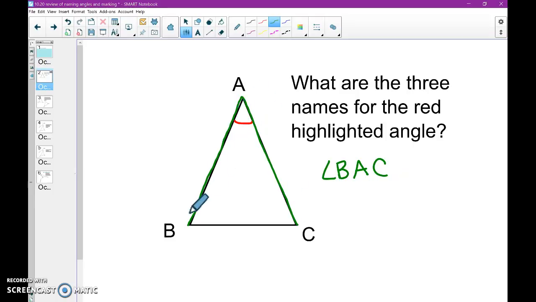BAC literally just traces it like that. I could go backwards and say angle CAB. That's another option. Again, noticing the A is in the center for both names. Or I could just name it with the one letter. Since there's nothing else around that letter, I could also call it angle A. So those are the 3 ways that I can name that red highlighted angle.